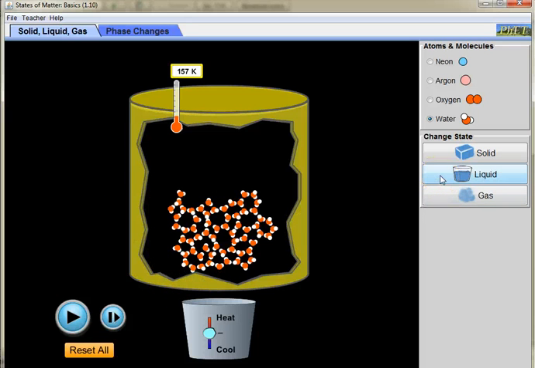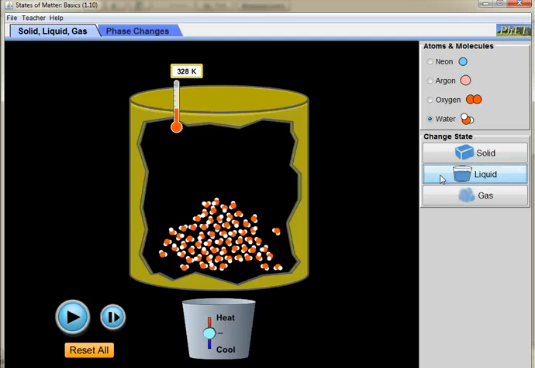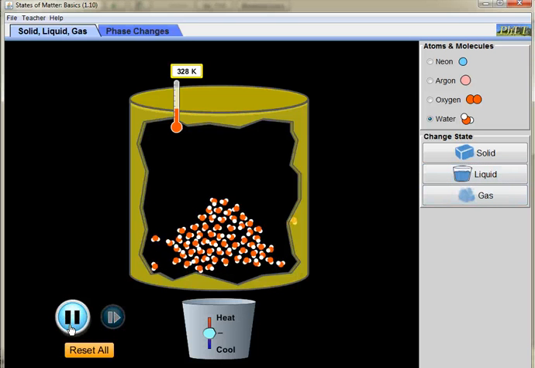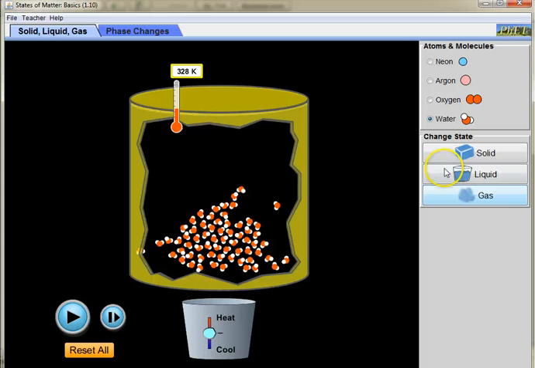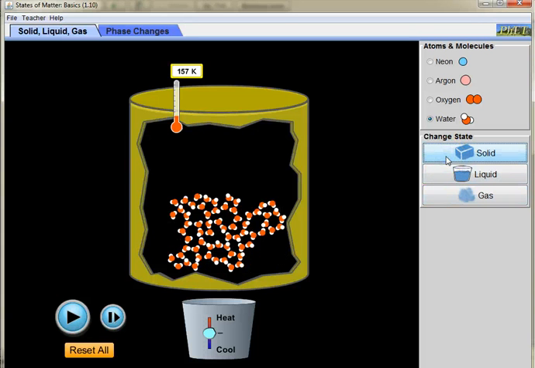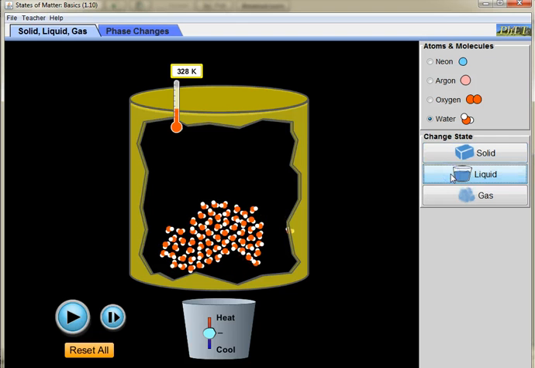I'm going to change it to liquid and try to see what happens to the volume. Does it increase or decrease? This is solid, this is liquid. What do you think is happening to the volume? Has it increased or decreased?